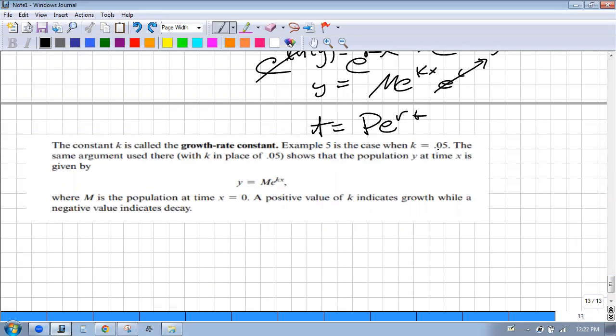But in other examples, you might be considering rates of growth in days or weeks or months. So we use a different letter, we use K. And they use M here instead of P for principal. So M is the population at time 0, and a positive K value is growth. If it's a negative value, then it's decay.